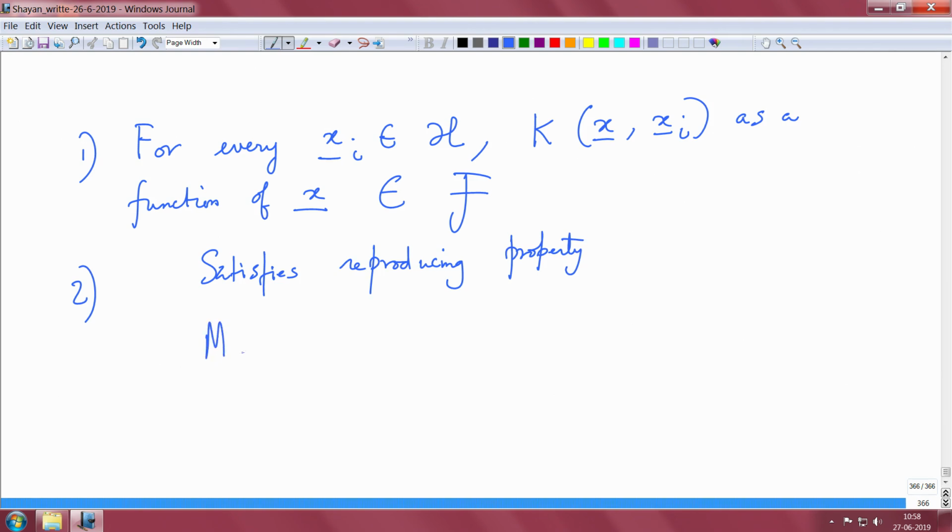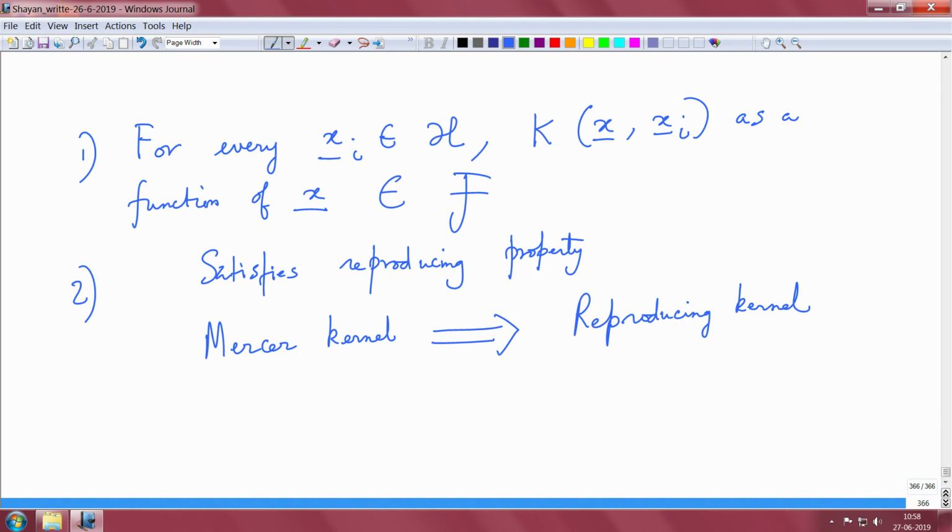So what this means is I start with a Mercer kernel, and this Mercer kernel is a reproducing kernel. Because if I take the inner product of two functions f and g, and this g happens to be this kernel function belonging to the inner product space F, then by choosing g to be this kernel, I get back the function.